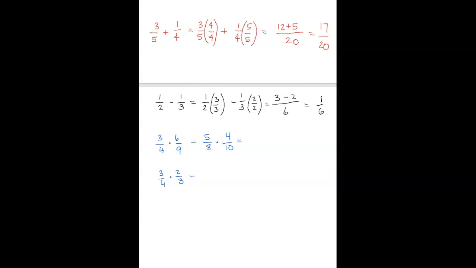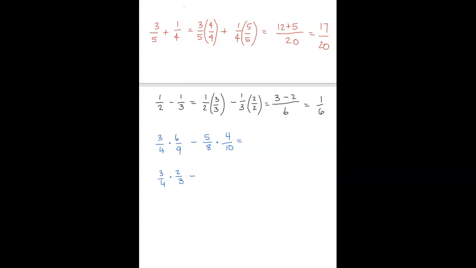Well, I could cancel out my 8's or my 4's out of my 8 and my 4, and I could cancel out my 5 out of my 10. Or I could try just reducing that and then figuring out later on that I need to reduce some more. So let's go ahead and I'm going to cancel out my 4's and then my 5's.